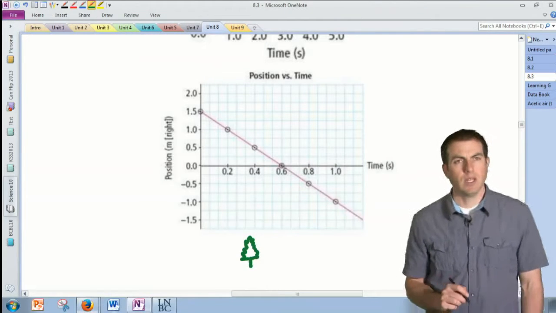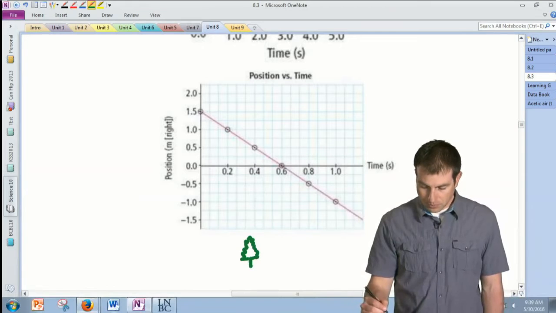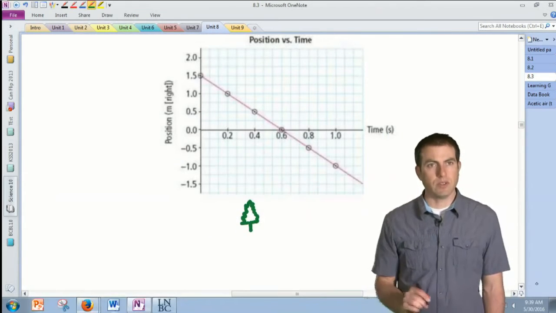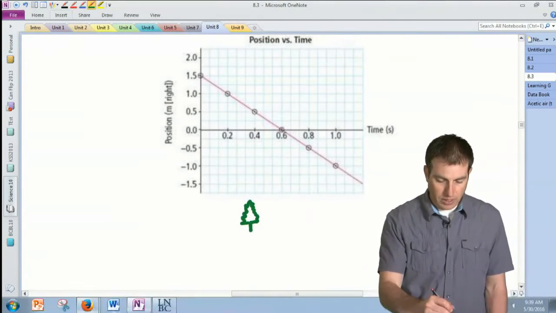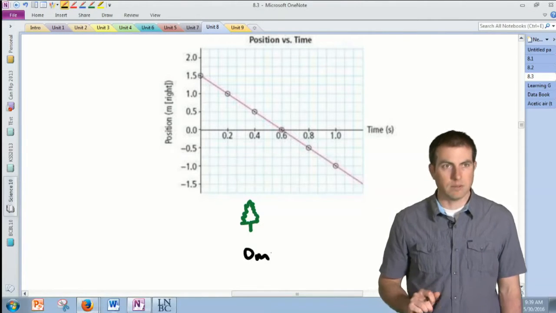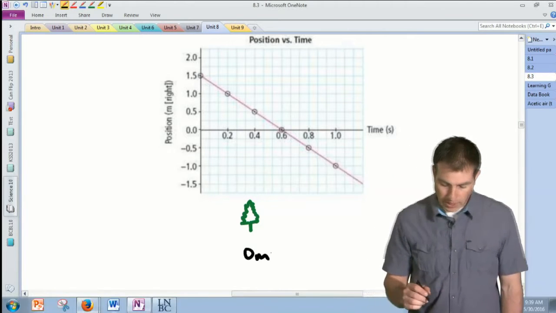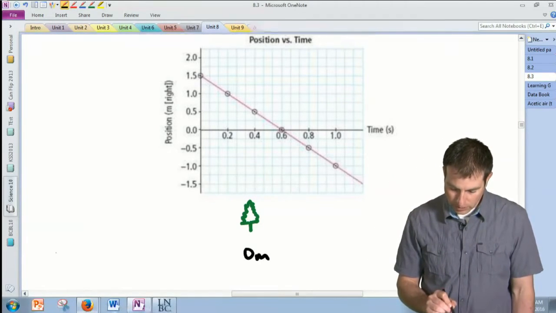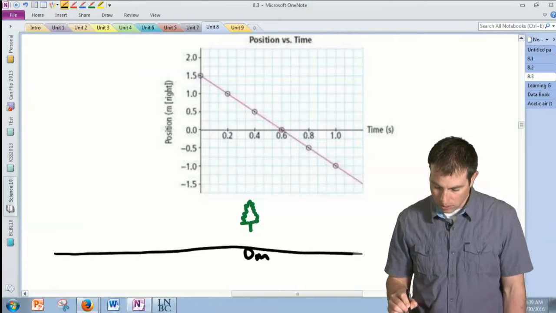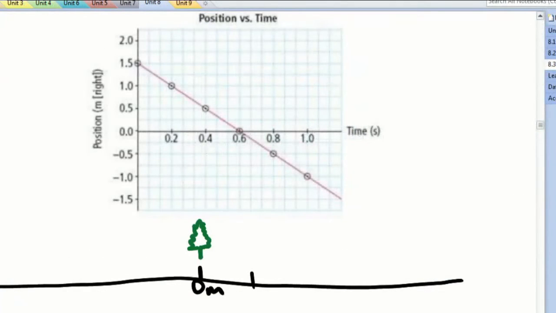There's my tree. You guys have never seen this before, so that's why we're talking about it. Your tree is at 0 meters. Are we happy with that? Does that make sense? So I'm going to have a kind of ruler along the bottom here, and my tree is my origin, or 0 meters.